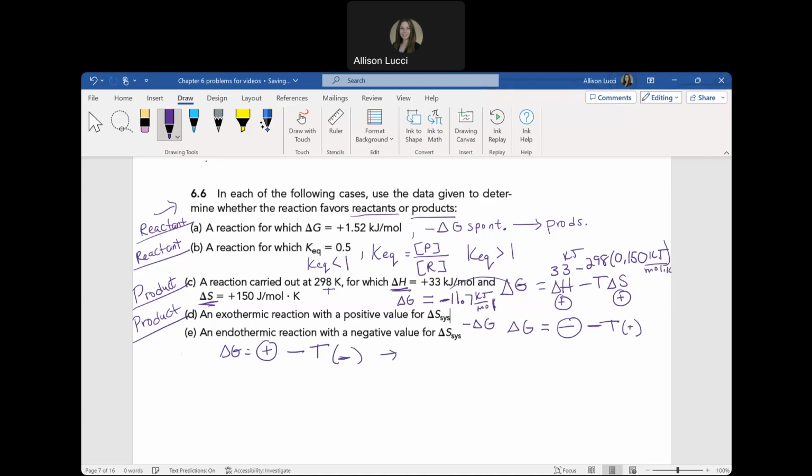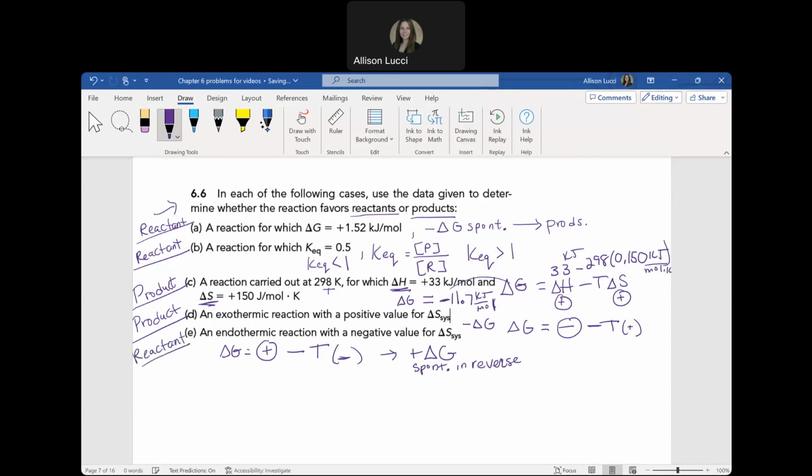So both of these will contribute towards a positive delta G. And we would say that our reaction is spontaneous in the reverse direction, right? Or non-spontaneous in the forward direction. And since we're looking for either reactant or product favored, if it's spontaneous in the reverse, we would say that this reaction favors reactants.